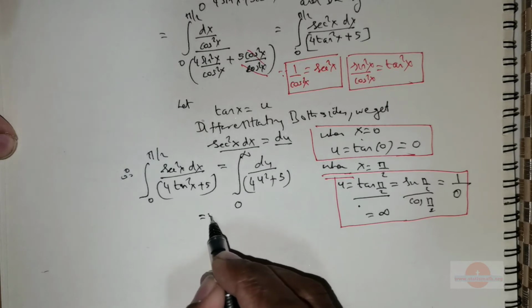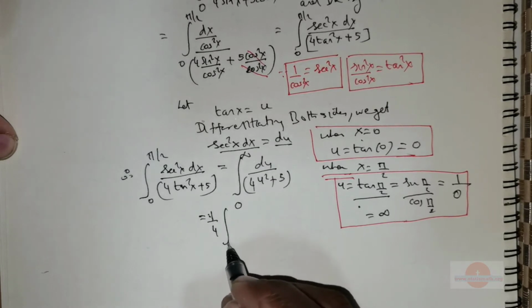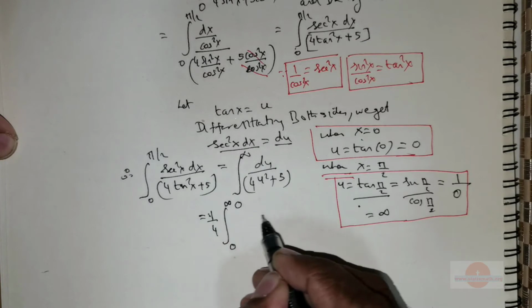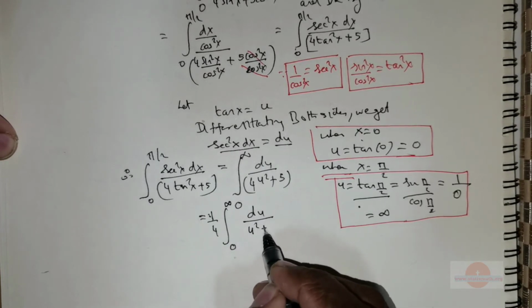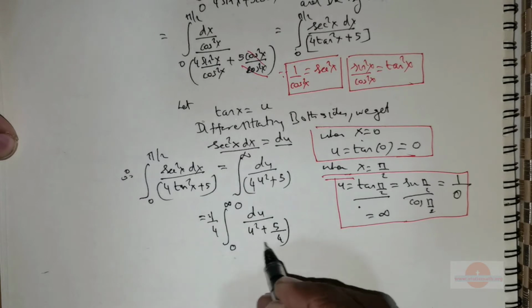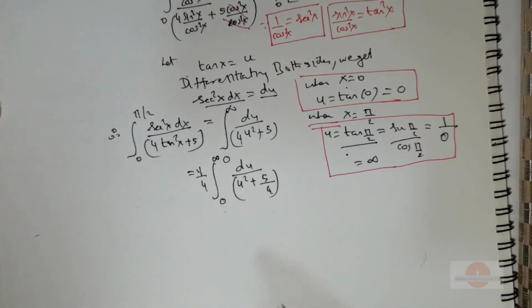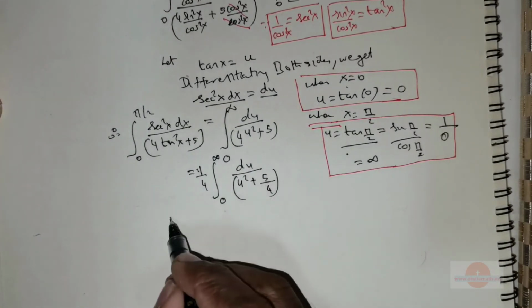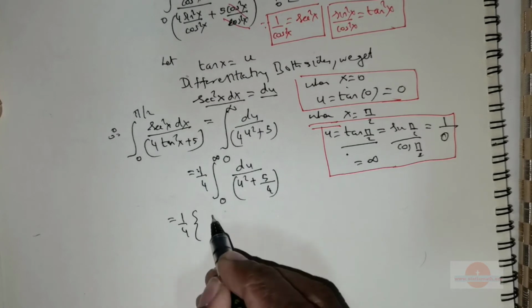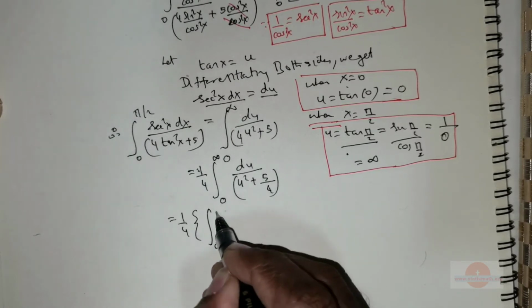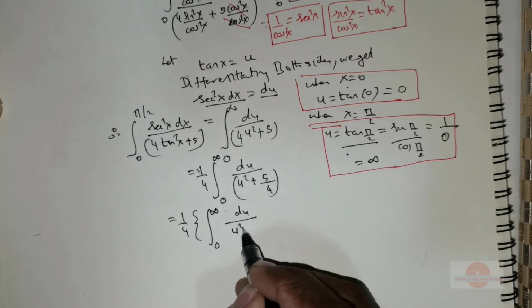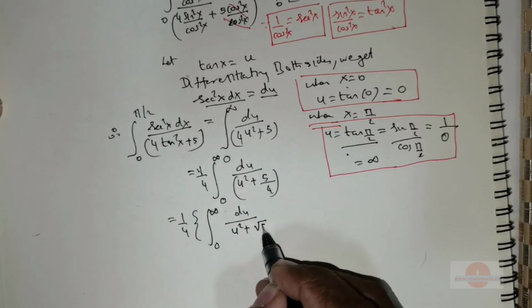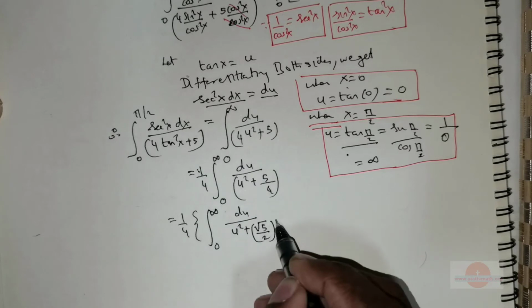So that would mean I would now have 1 divided by 4, the limits are 0 to infinity, du divided by u squared plus 5 divided by 4. I can rewrite this further as 1 over 4, limits 0 to infinity, du divided by u squared plus root of 5 divided by 2 squared.